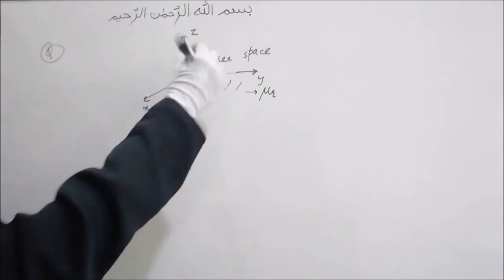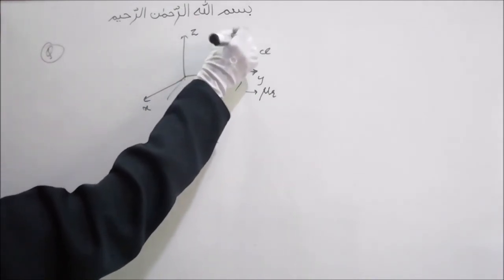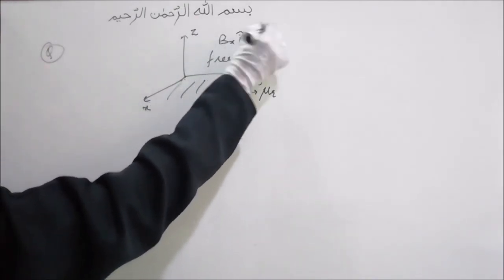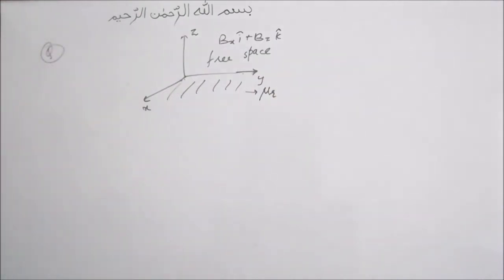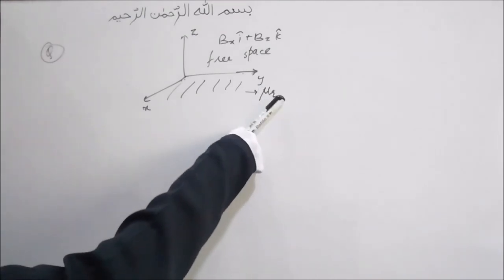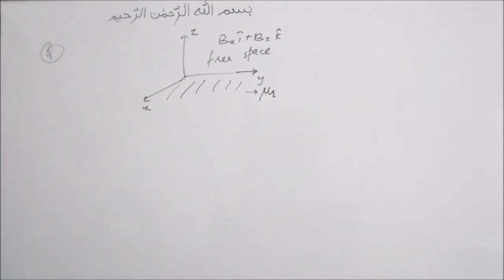The magnetic field in the free space is given by Bx i hat plus Bz k hat. We have to find the magnetic field inside the magnetic material with relative permeability mu r.